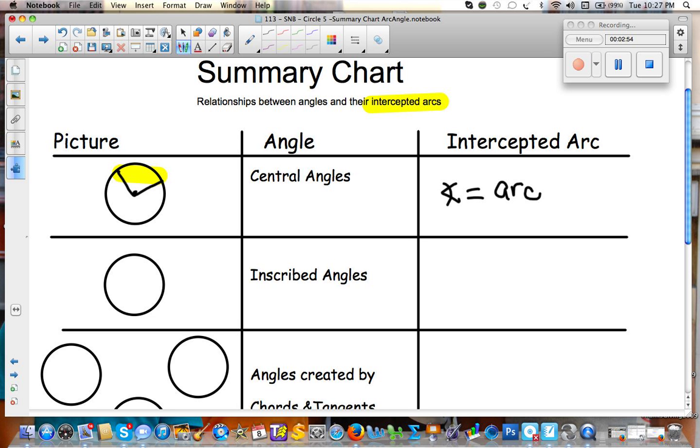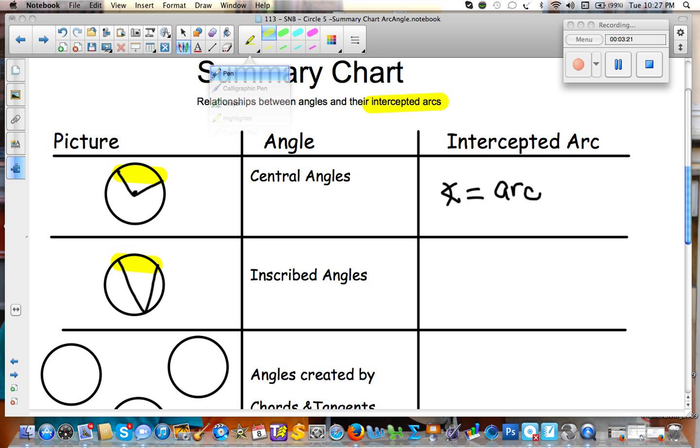Next we have the inscribed angle, and an inscribed angle is an angle whose vertex is on the circle, and it has an intercepted arc. Again, it's that same concept that the intercepted arc is the arc that is between the two segments that make up that angle. And it has a relationship between the angle itself and the arc.